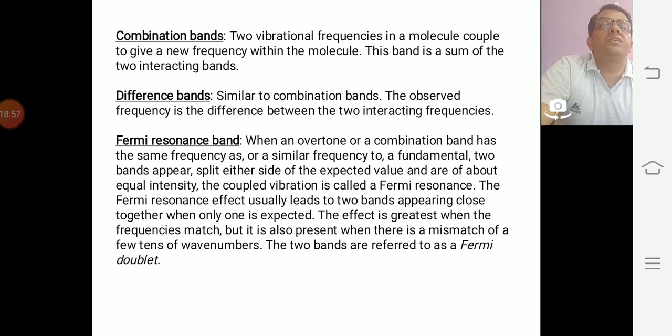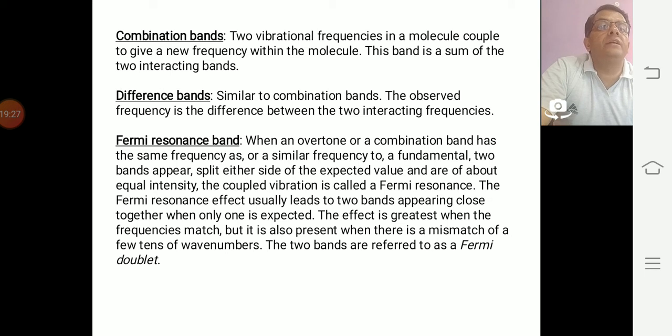And next is the difference band. Similar to the combination band, the observed frequency is the difference between the two interacting frequencies. And next is the Fermi resonance band, when an overtone or a combination band has the same or a similar frequency to a fundamental. Two bands appear split either side of the expected value and are of about equal intensity.